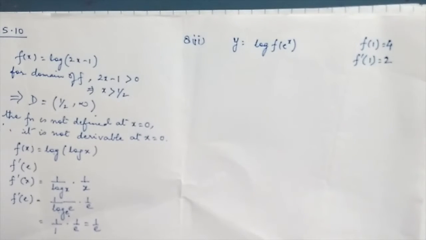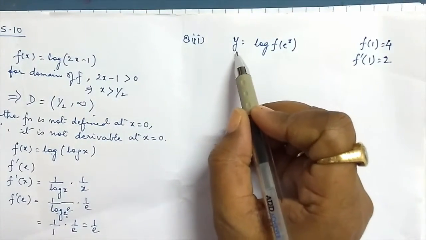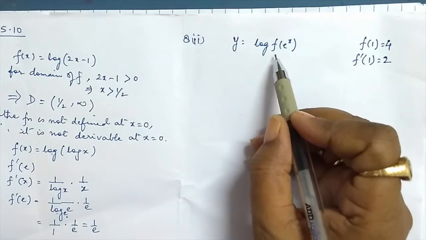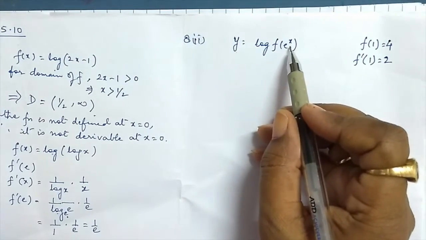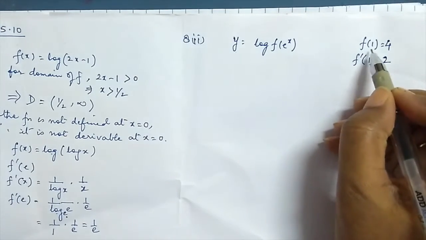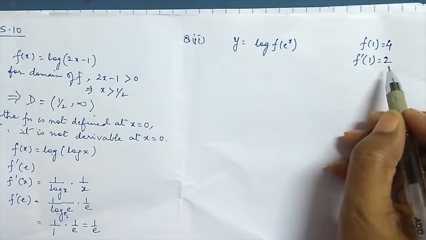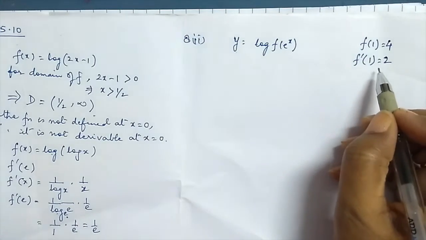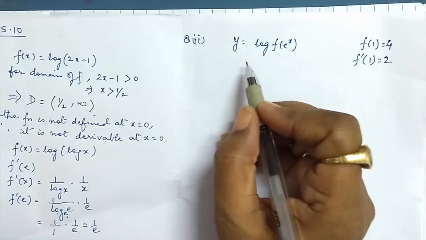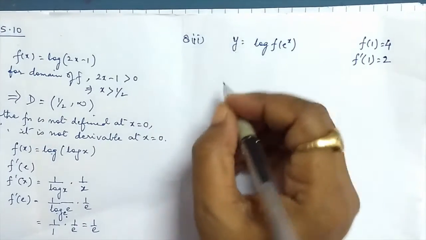The next question which I am going to take is the 8th question, second part, where you are provided with y equals log of f of e to the power of x, and you are also provided f of 1 as 4 and f dash of 1 is equal to 2. You have to find out dy by dx at x equals 0.